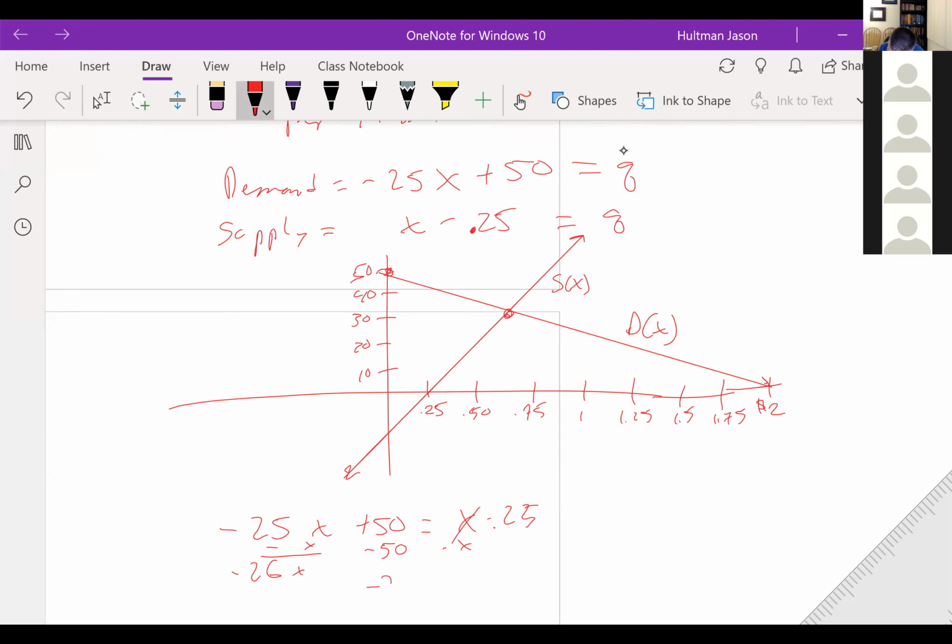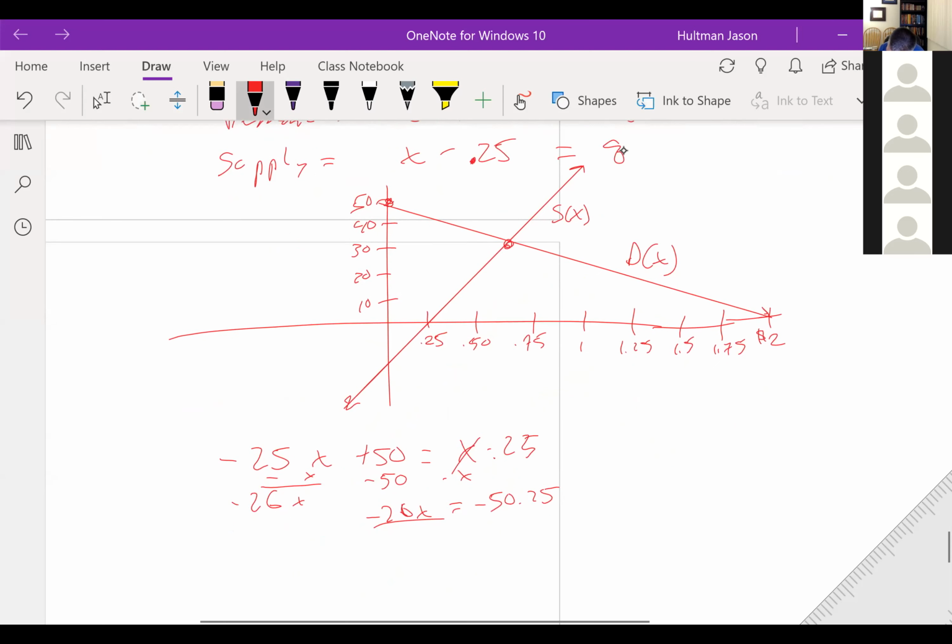So this is negative 26x is equal to negative 50.25, divide by 26.